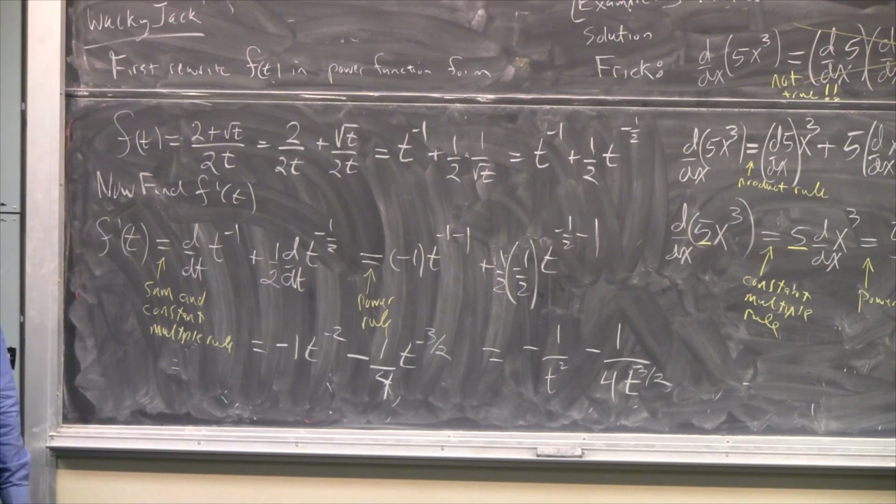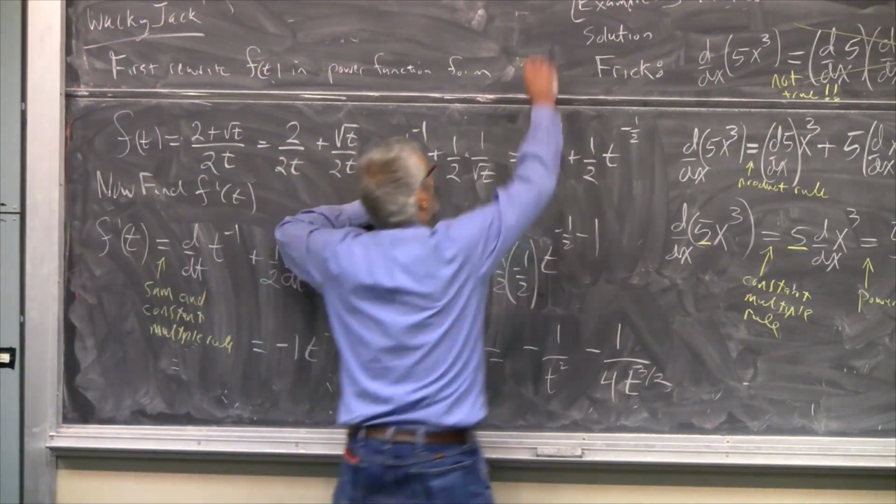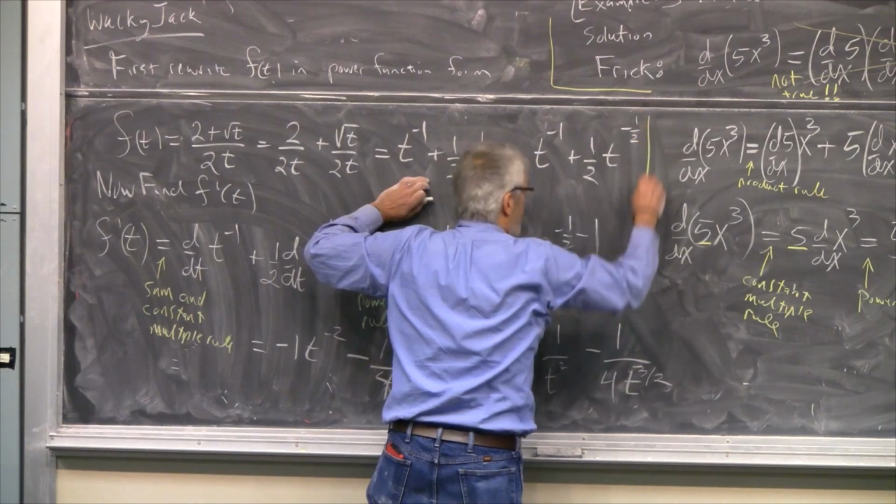So remember my slogan: if you have a situation where you can use the sum and constant multiple rule and you can use simpler rules, use simpler rules. Notice that Wacky Jack did a lot of stuff, but it was all kind of simpler stuff. I'm rewriting this in power function form. That's all prerequisite stuff.